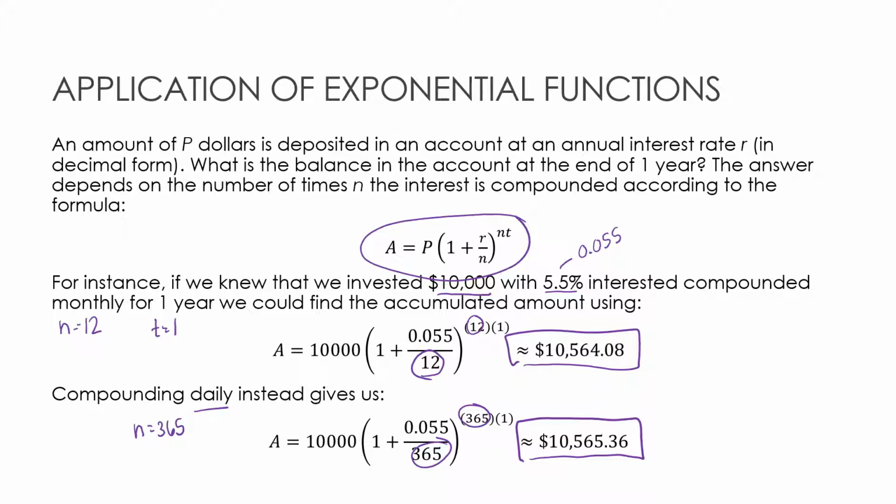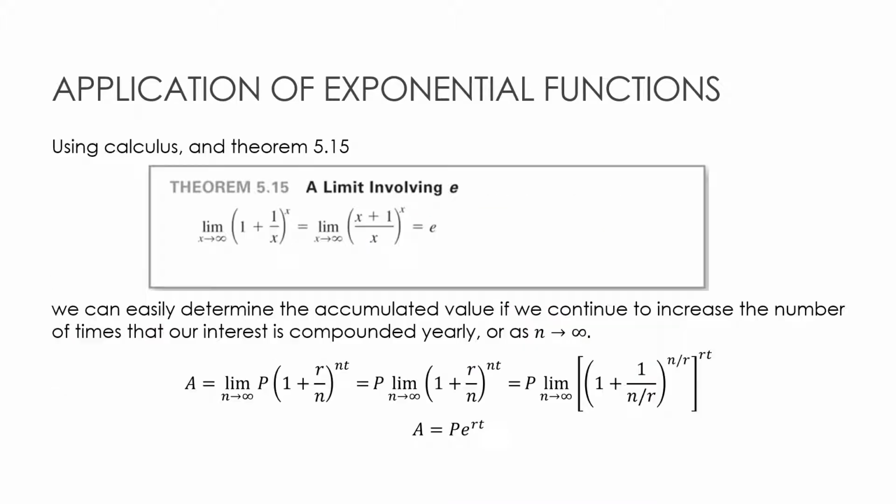Why I'm talking about this in a calculus class is because I want to talk to you about what happens when we compound continuously. So again, let's take a look at the calculus now involved in going from a function that looks like this to a function that looks like this.